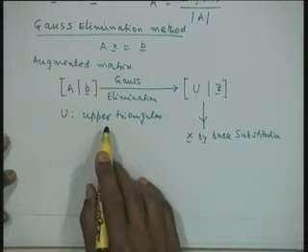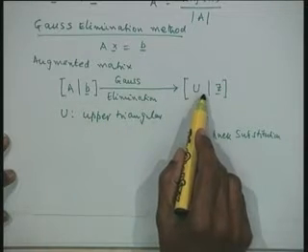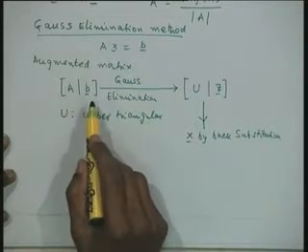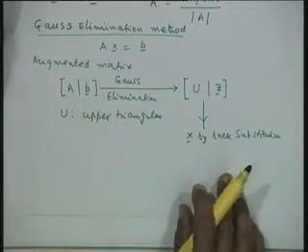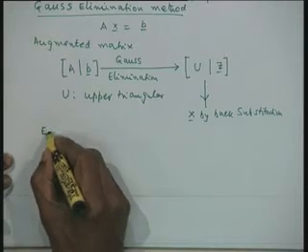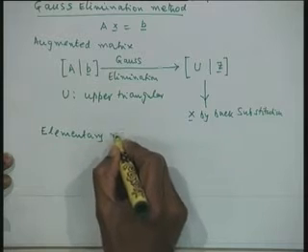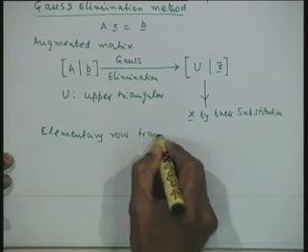Therefore, the procedure would be how to get this particular augmented matrix from the original system A B. We shall obtain it by using simply elementary row transformations.